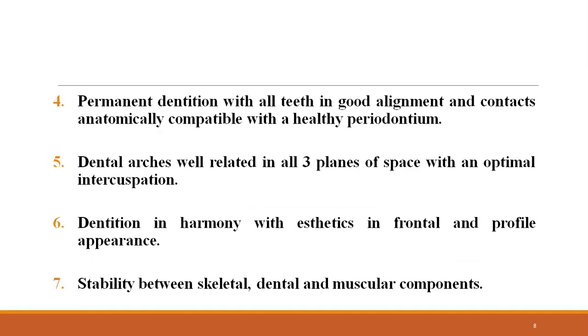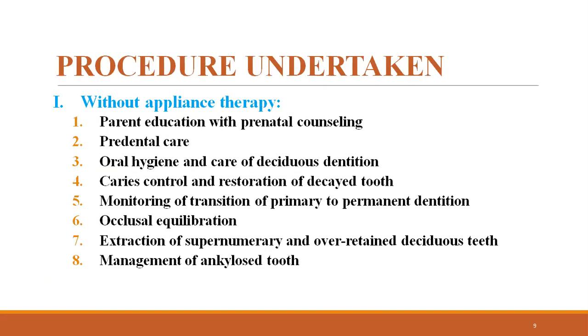Second, a permanent dentition with all teeth in good alignment and contact, anatomically compatible with a healthy periodontium. Dental arches related in all three planes of space with an optimum intercuspation. Dentition in harmony with aesthetics in frontal and profile appearance. And stability between skeletal, dental and muscular components.